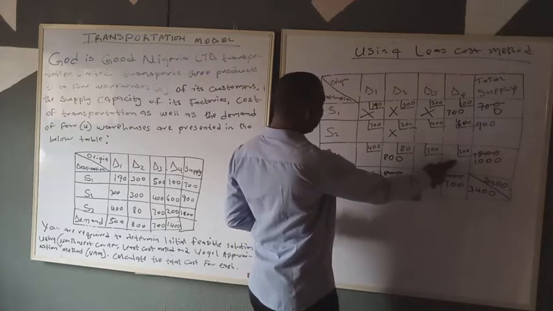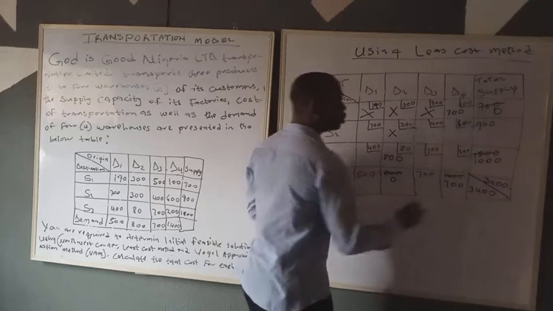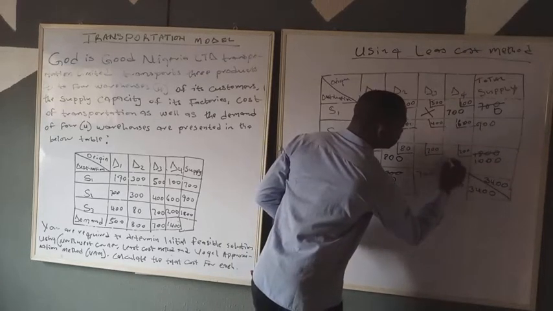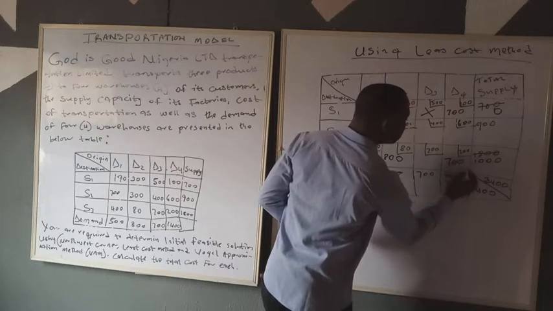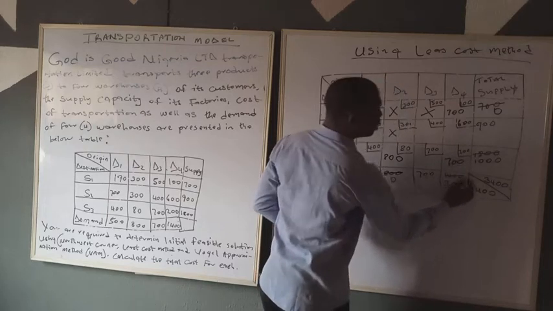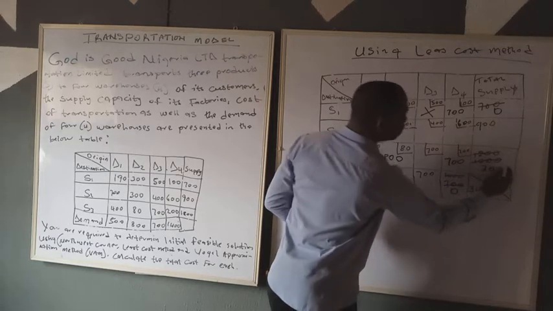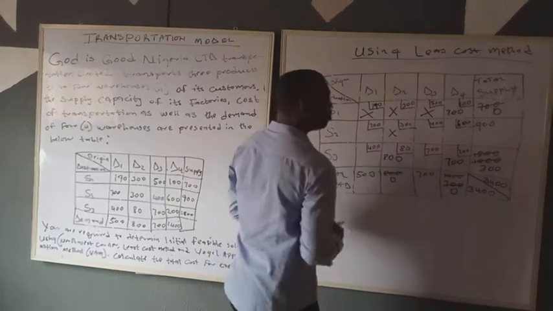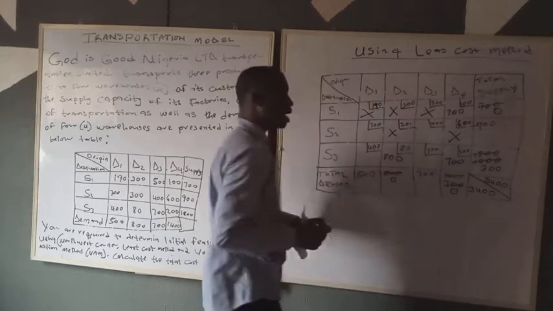Can supply 3 supply everything? Yes, supply 3 still has a capacity of 1000. So we supply all the remaining 700, and we have no demand again. Then supply 3 still has 300 remaining. So we've satisfied the demand of demand 4.